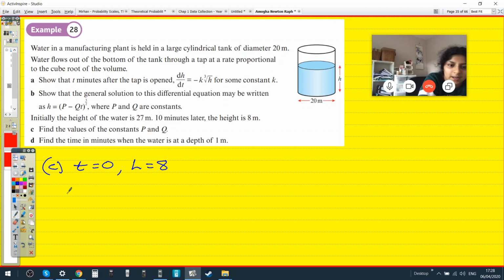Wait, why did you write H is equal to 8? Because I don't read. So P, so the power of 3 over 2 is 27. P is equal to 9.